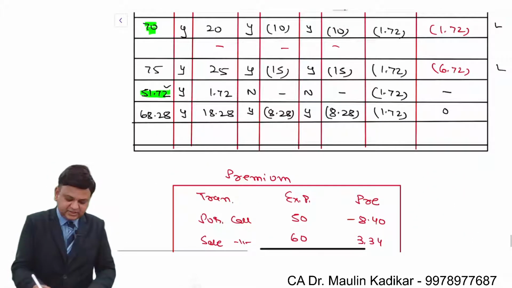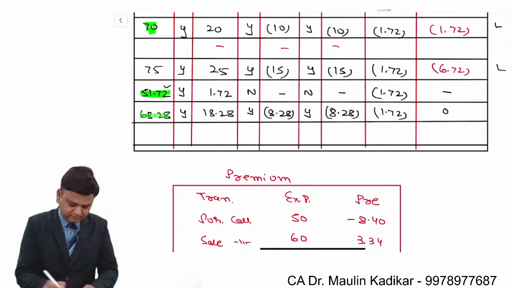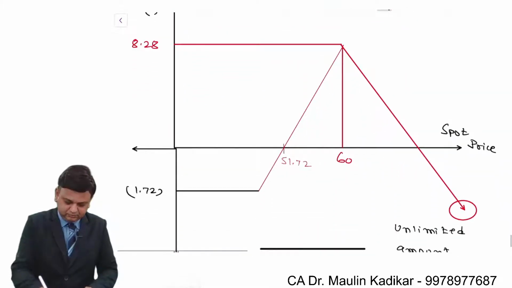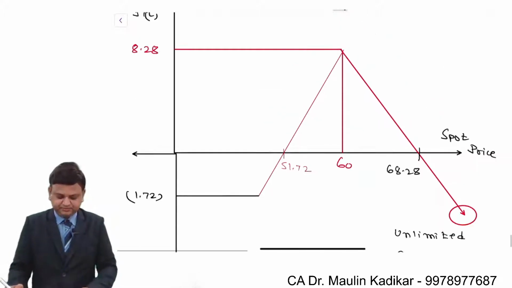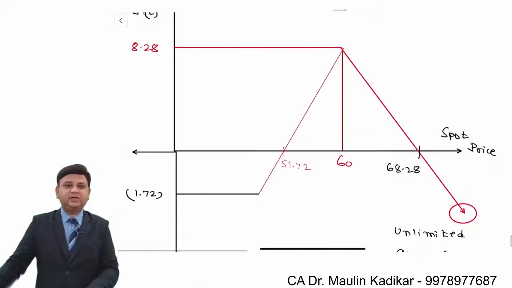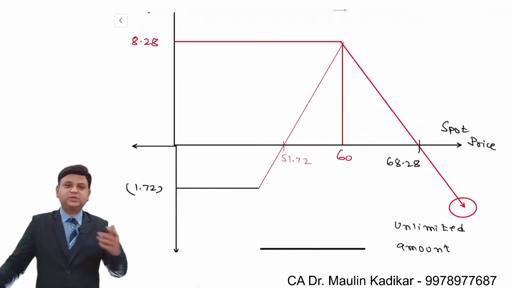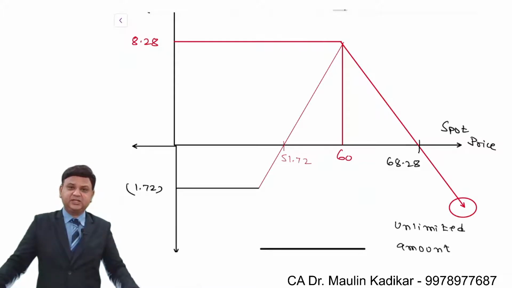Again the break-even point is at 68.28. This is the price at which there is a break-even point, 68.28. This is the way we are required to draw the diagram, because when the price goes beyond 68.28, you start incurring a loss and that loss goes for an unlimited amount.